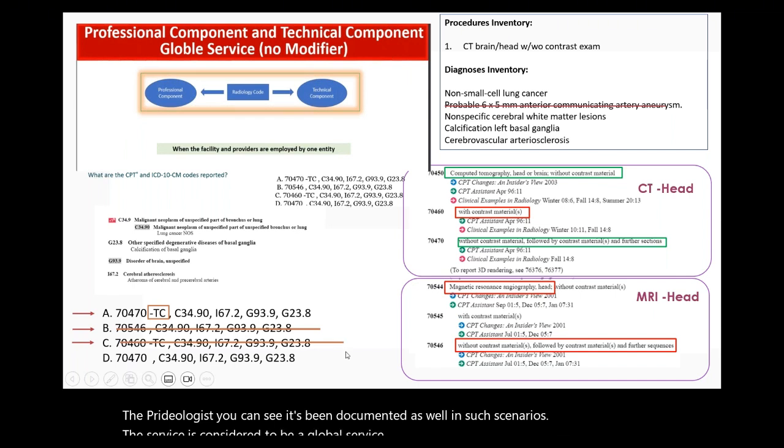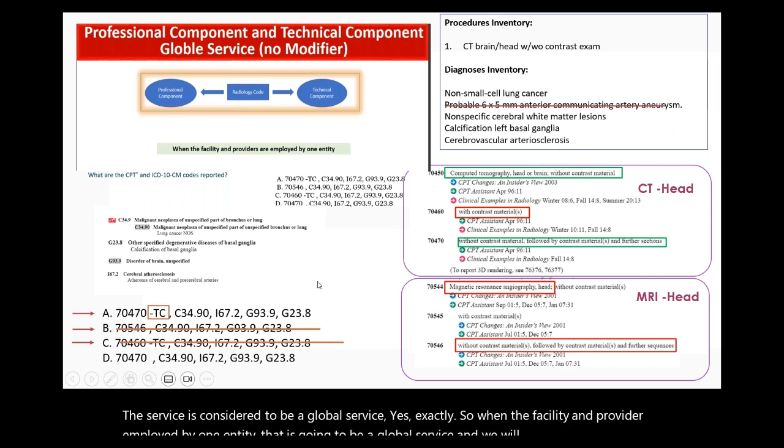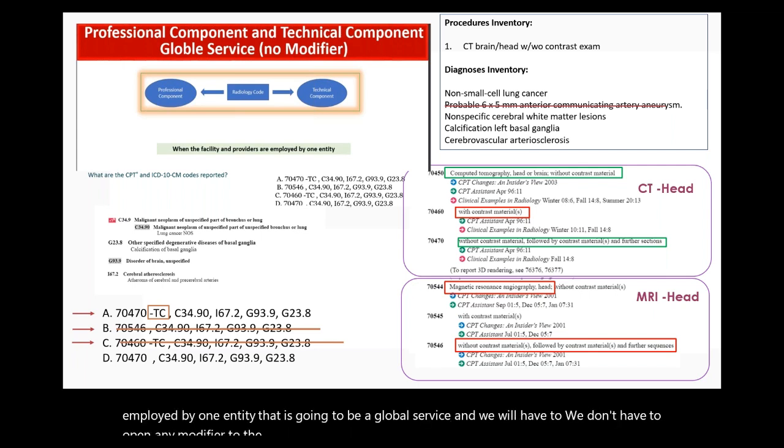Yes, exactly. So when the facility and provider are employed by one entity, that is going to be a global service, and we don't have to append any modifier to the CPT codes. So we don't have to append the professional component or the technical component. That would be a global service.